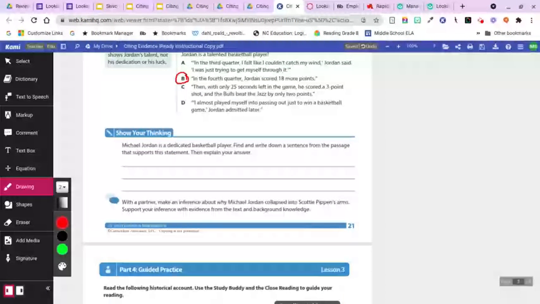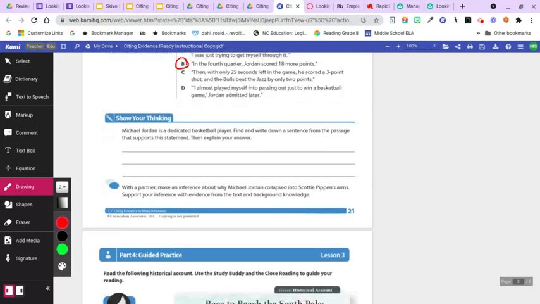If you were doing this activity on your own, you would be writing about his dedication, including the fact that he suited up for the game, that he scored 17 points in the first 2 quarters, that even though he was nauseated and exhausted, he continued to play, that he scored 18 points in the fourth quarter, and that he won the game at what was almost a bell buzzer, almost 25 seconds. Okay, those are pieces of evidence that you would use to do that.